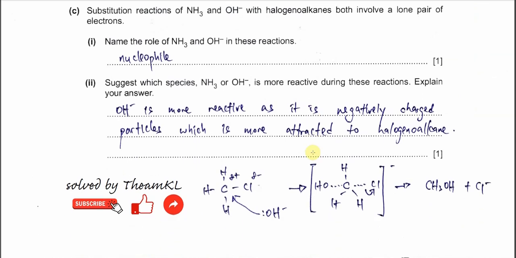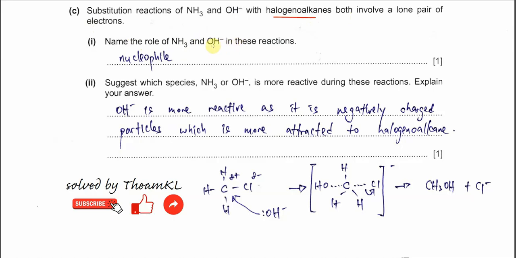Part C. Substitution reactions of the ammonia and hydroxide with a halogenoalkane both involve lone pair of electrons. Part 1. Name the role of ammonia and hydroxide in this reaction.